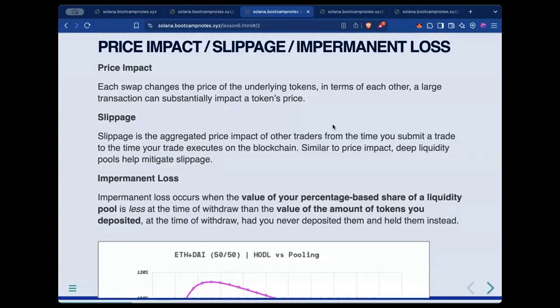Maybe you start off with a price where you would expect to get back 100 tokens, but if you do a very large trade, that will move the price. That will impact the price. So you won't get as good a price because you are doing such a large trade. But this concept is something you get in traditional finance as well, so it's a fairly well-known idea.